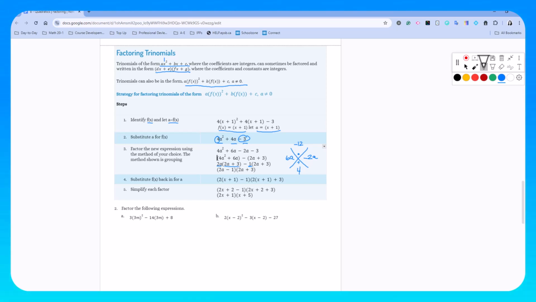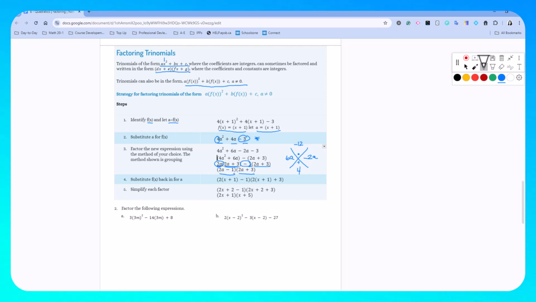The reason is that I'm going to have a factor of 2a plus 3 in both. So that means I have 2a plus 3 as one of the factors, which means the leftovers are 2a minus 1. So this is the factored form of the original expression up here.